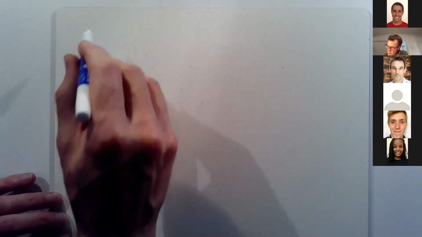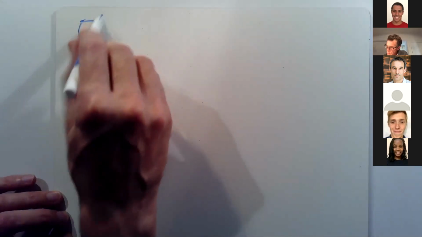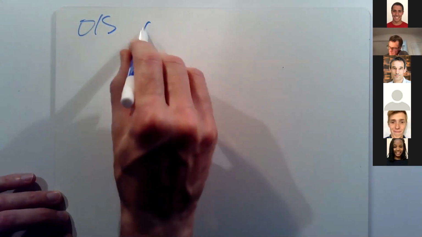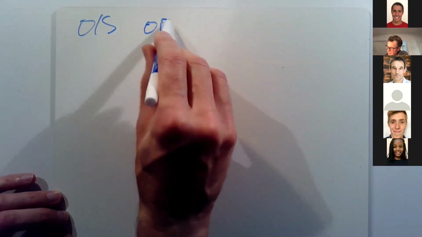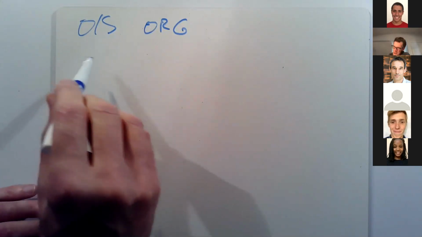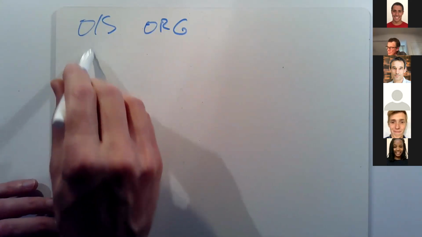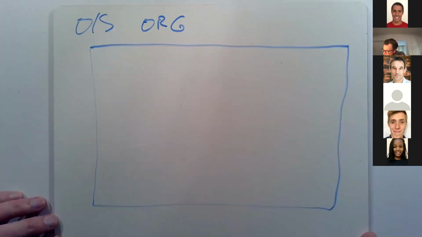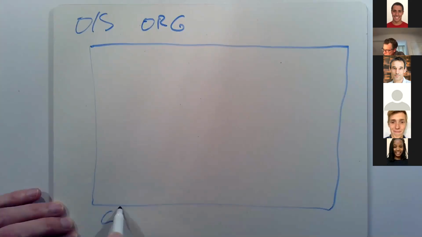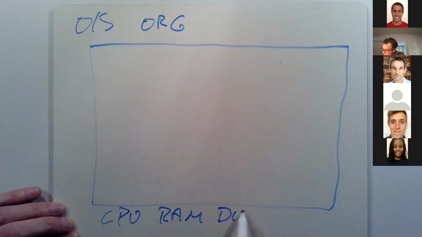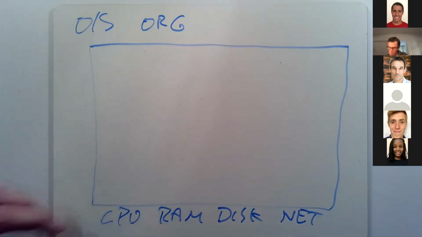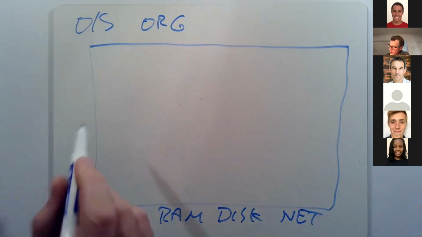So this is OS internal organization, or the way I think about it is, draw a box for the computer. The computer comes with a bunch of hardware resources, which I'll put at the bottom. Maybe there's CPU and RAM and a disk for storage and maybe a network interface. So this is hardware, that's the lowest layer.